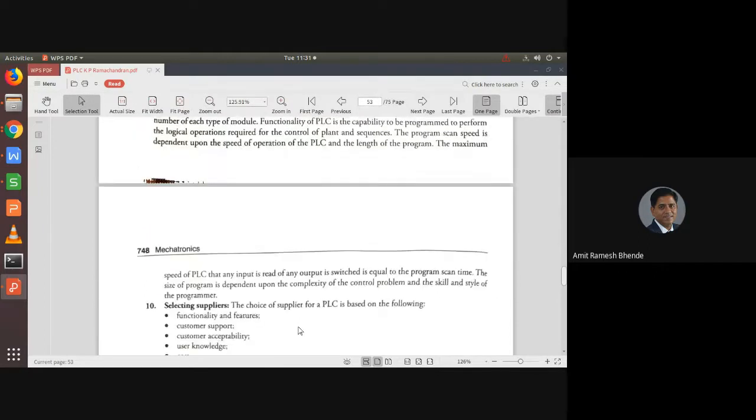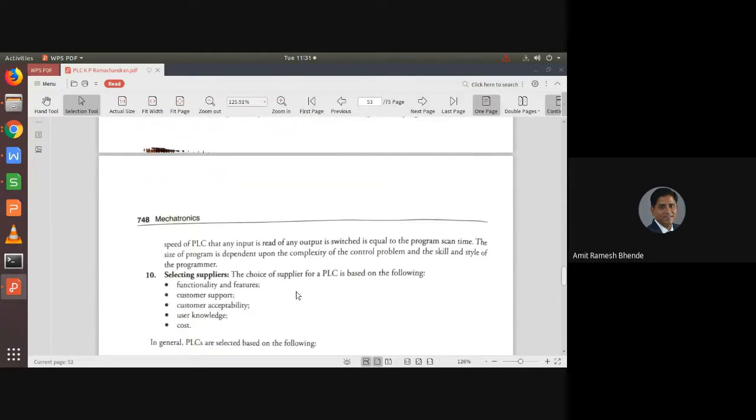The maximum speed of the PLC at which any input is read or any output is switched is equal to the program scan time. Okay. So these PLCs are available in different sizes. We have seen the size of the PLC depends upon the size of the data which can be handled by the controller.